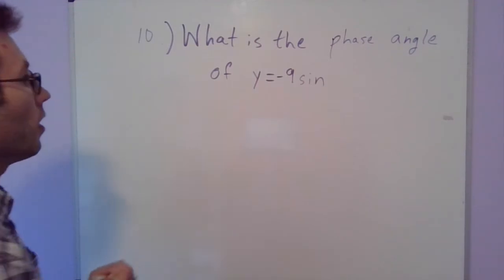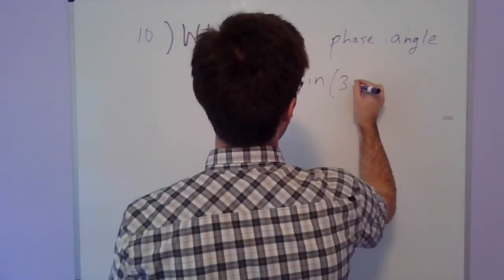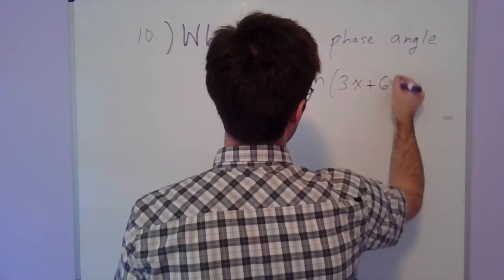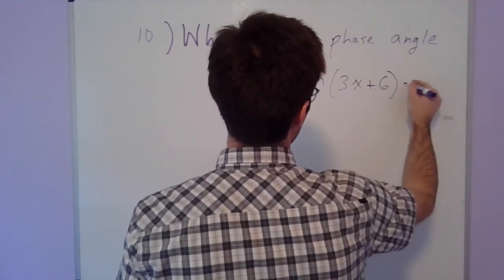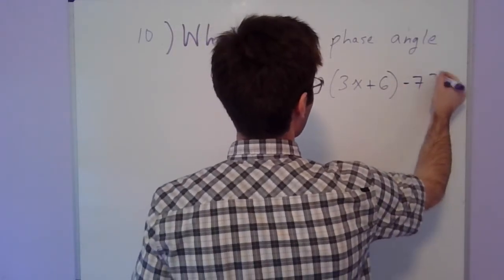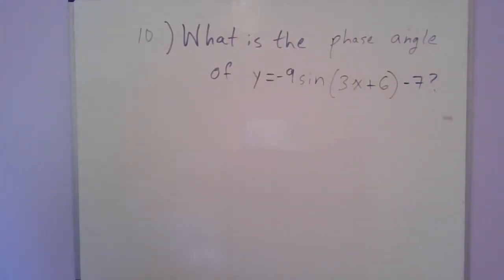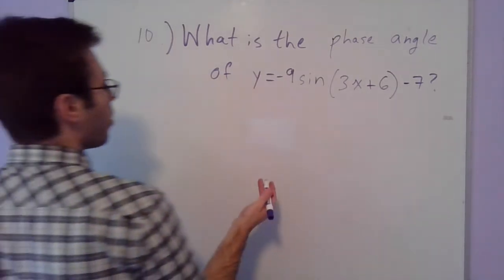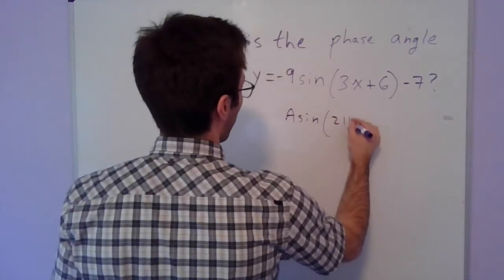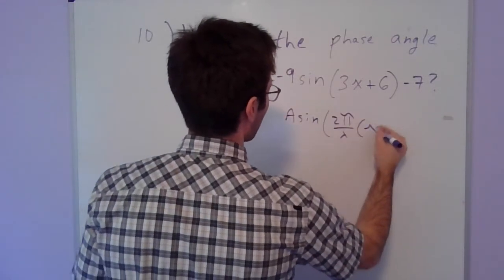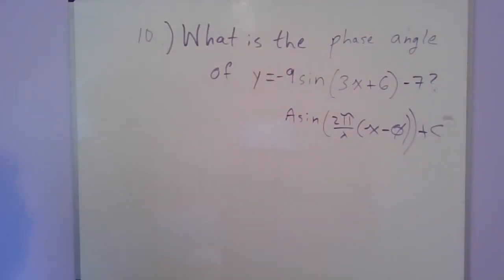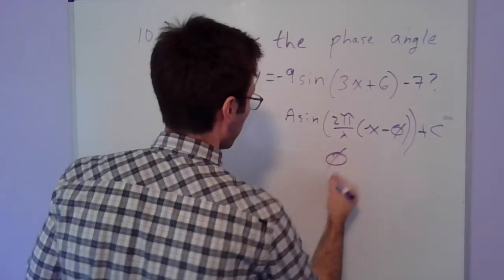Sine of 3x plus 6. And then let's do minus 7. All right, what's the phase angle of that? Again, recall the equation of a line is a sine of 2 pi over lambda x minus phi plus c. And the phase angle is phi.